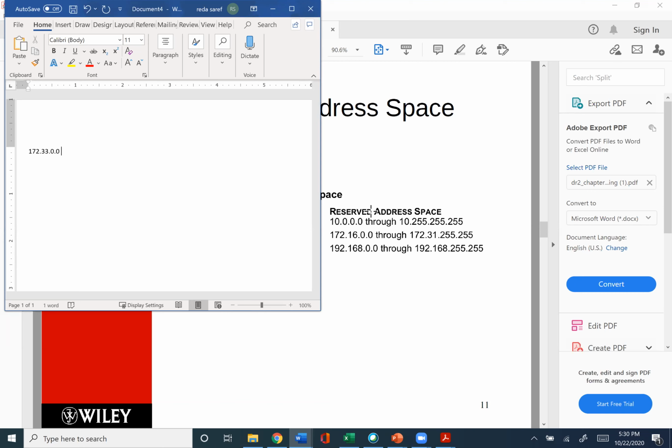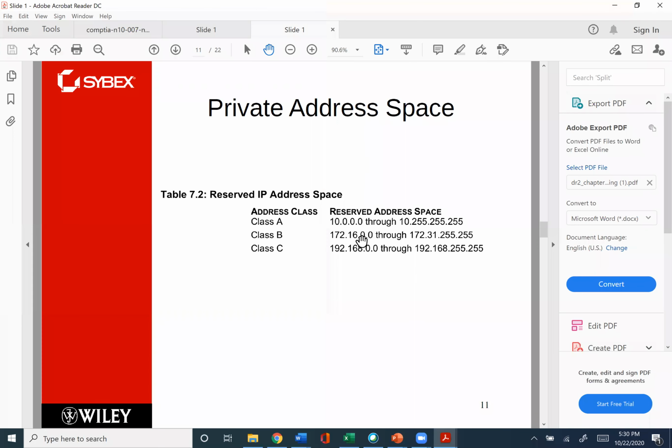It's a public IP address. Correct. Remember the private range here ends at 172.31, so 172.33 is public, not private. It's after this number that they will ask you the question. In 172, how many possibilities are there on the second octet? We said we have 255.